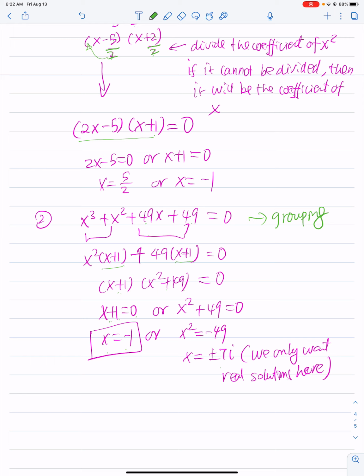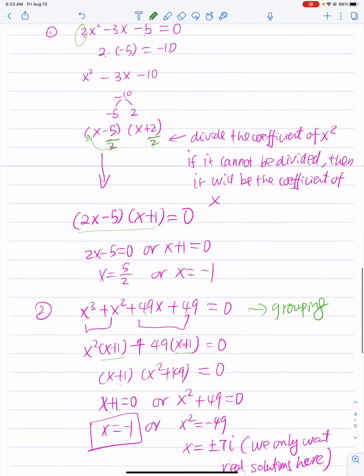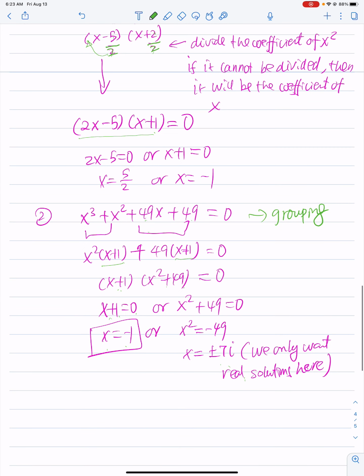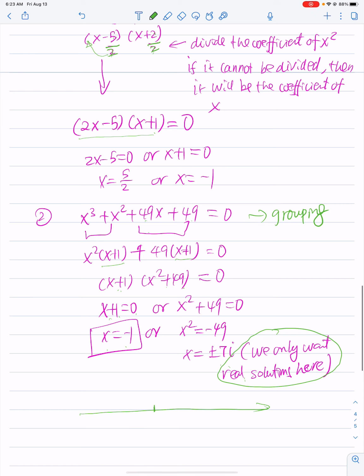But if this is a solve question, then these are all three solutions. But if this is a question in this section, they only want real solutions here, because you have to do it on the number line.